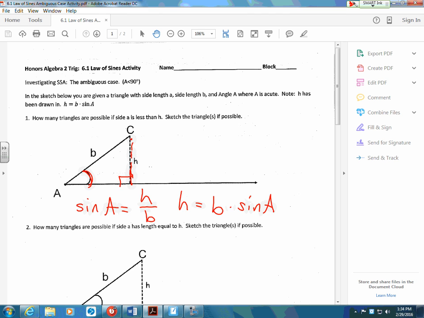All right. Okay, so now how many triangles would be possible? I'm looking at example 1 right now. How many triangles are possible if side A is going to be less than H?